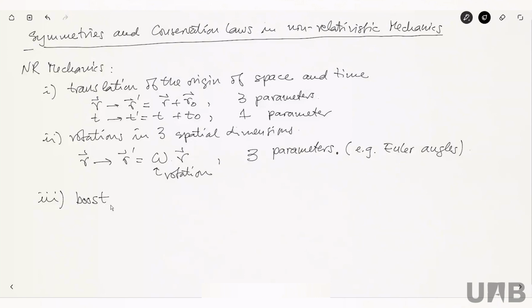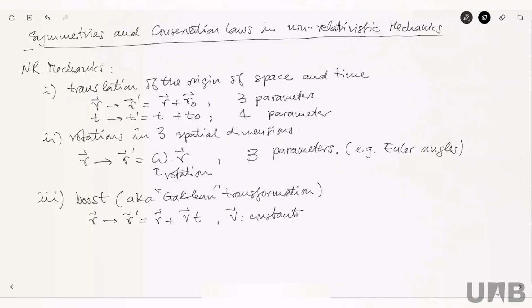Sometimes this is also known as a Galilean transformation. That means that from R we go to R prime, which is the old R plus a constant velocity v times t, where v is constant.